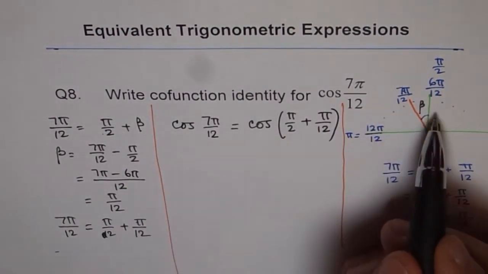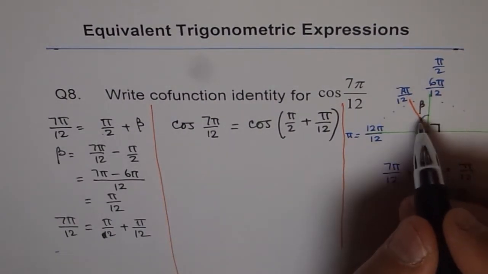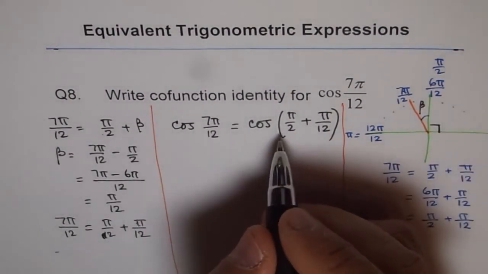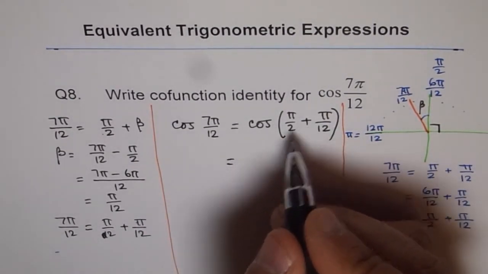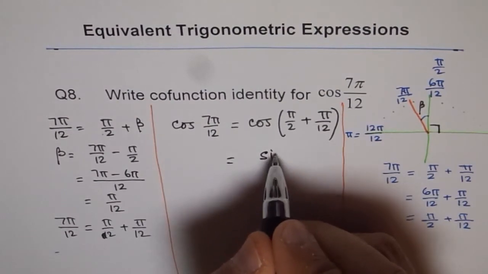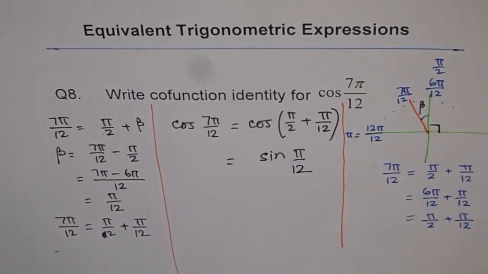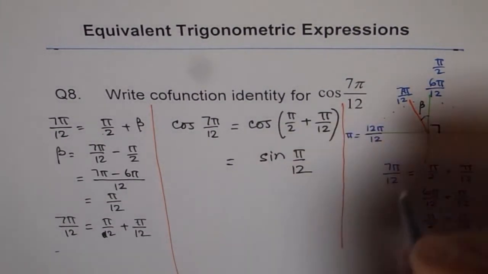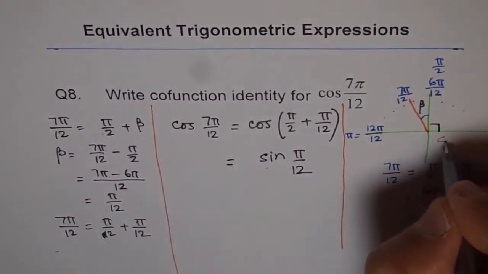Now pi by 2 plus pi by 12 is a rotation by 90 degrees, and what happens here is that it changes to sine. That is cofunctionality. So we can write sine of the angle pi by 12. The second part to look into is what the sign of this expression should be. The CAST rule decides that.